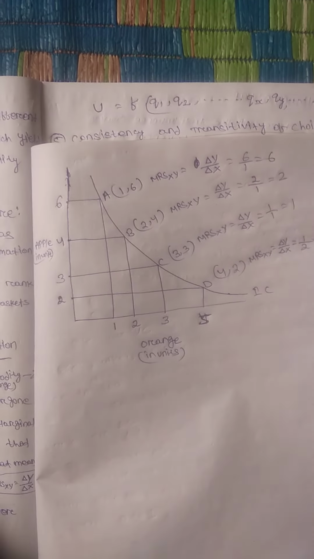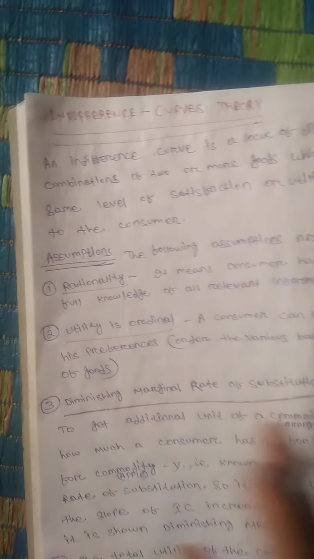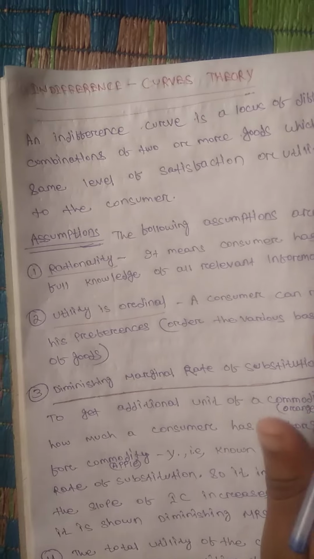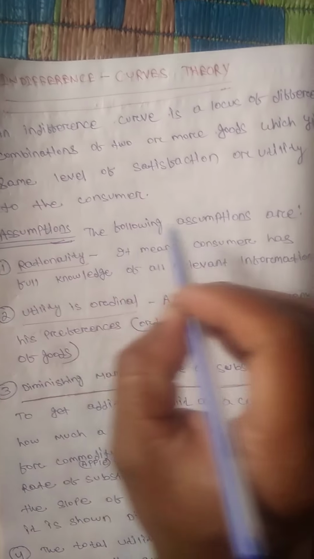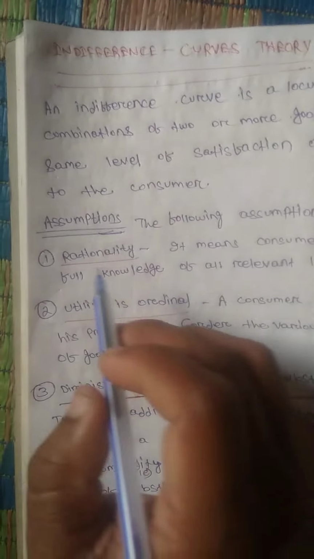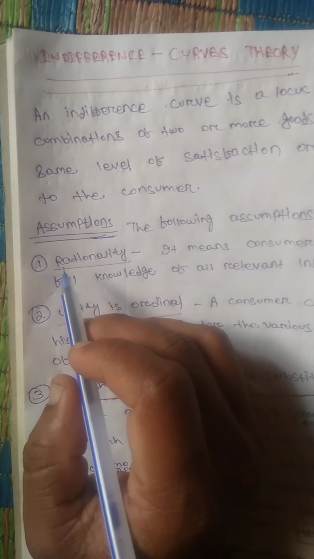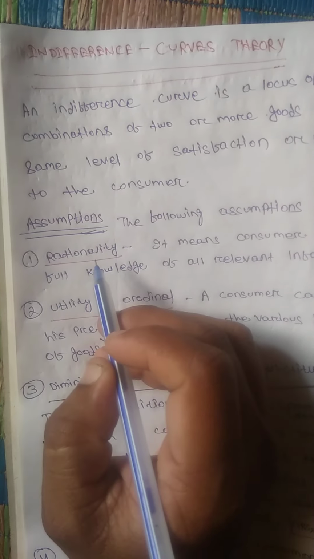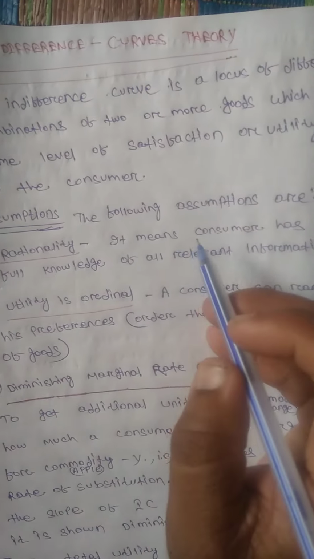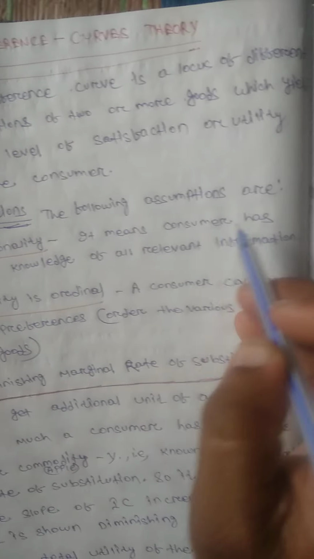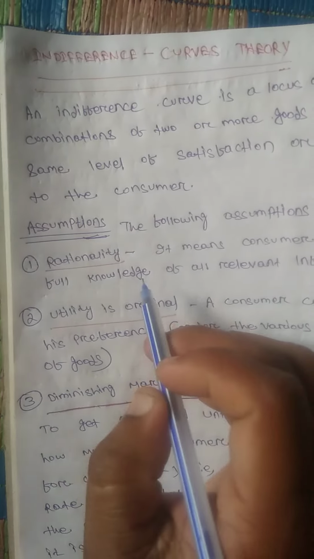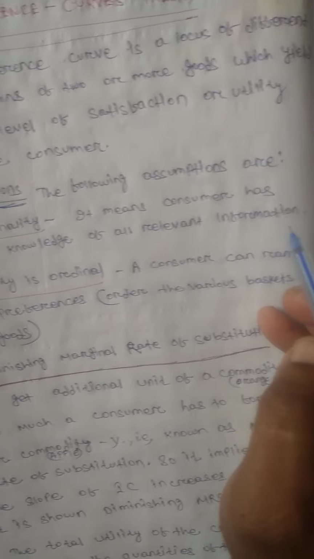So now I am going to talk about the assumptions of indifference curve. The following assumptions are: in the first assumption, rationality. It means the consumer has full knowledge of all relevant information.